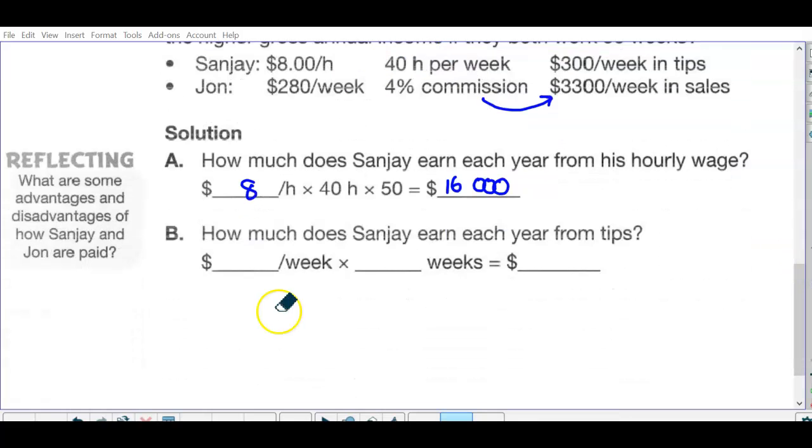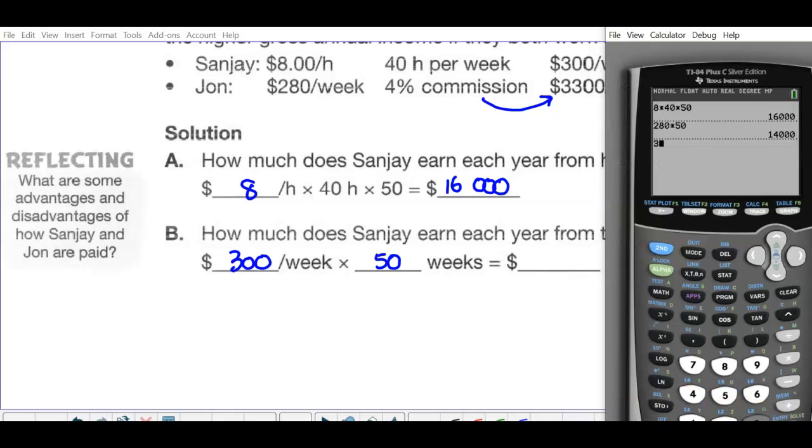Earnings, it says, how much does Sanjay earn each year from tips? So tips for Sanjay is $300 a week, right? So we only got his hourly wage there. So 300 a week by 50 weeks. So that's going to be 300 times 50.